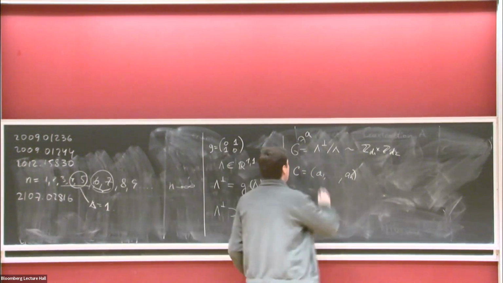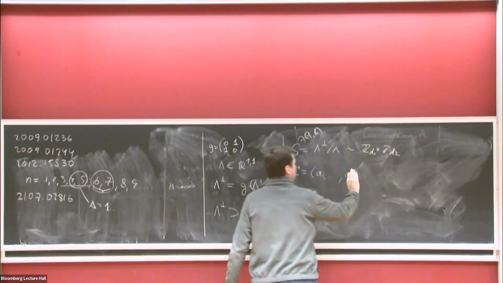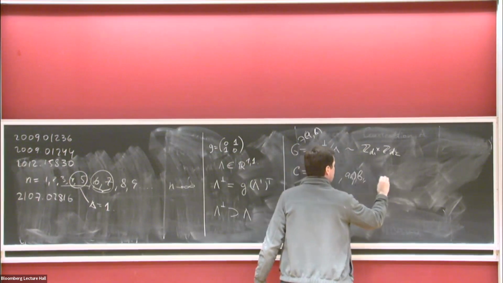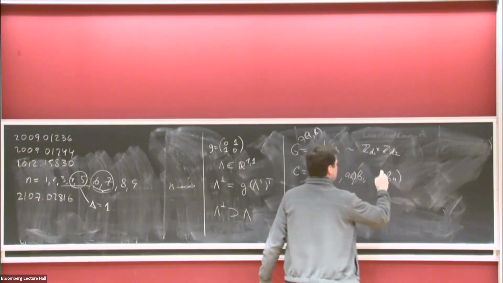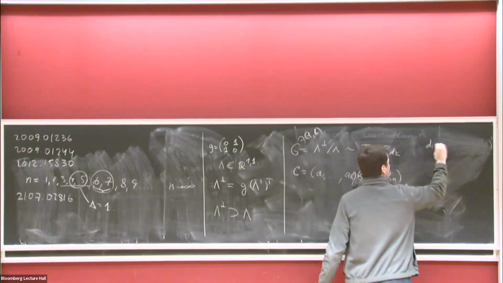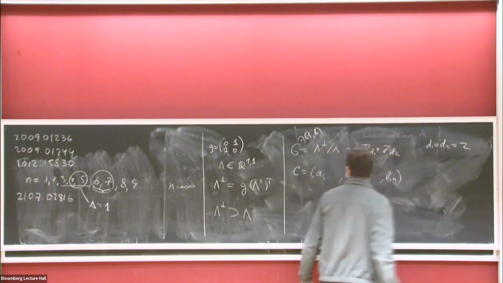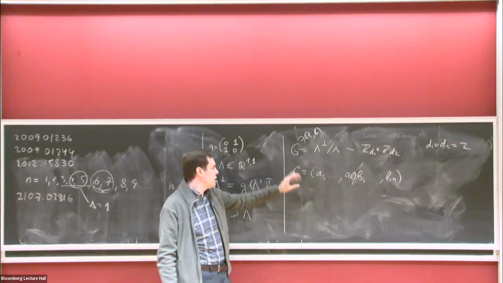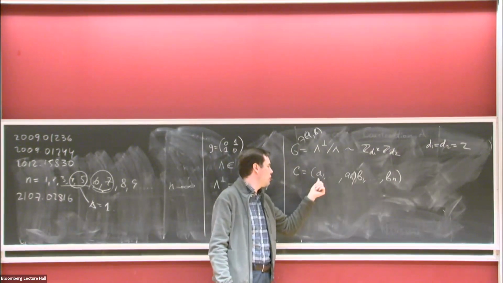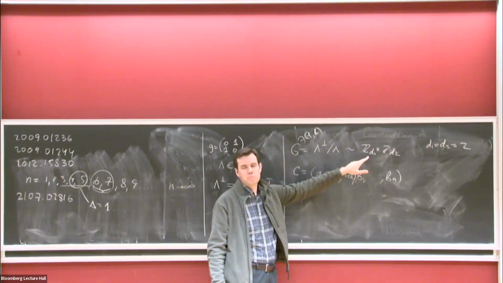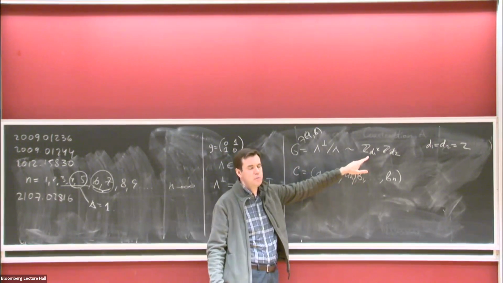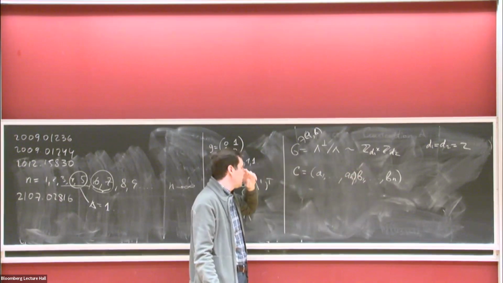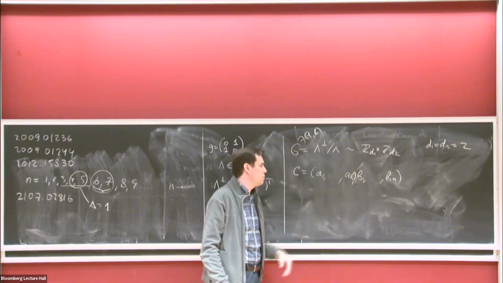Maybe even better, I will say that the pair A and B will be like it was before. In the example which we discussed before, D1 was equal to D2 was equal to 2. So that will be my code. I can understand it as a classical code where each A and B is an integer number from 0 to D minus 1, or I can understand it as elements of this abelian group.